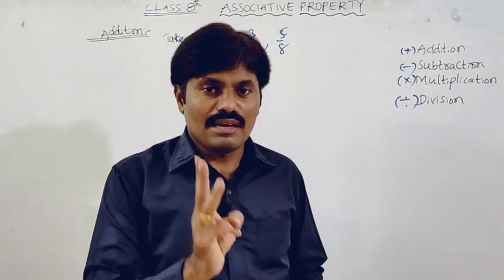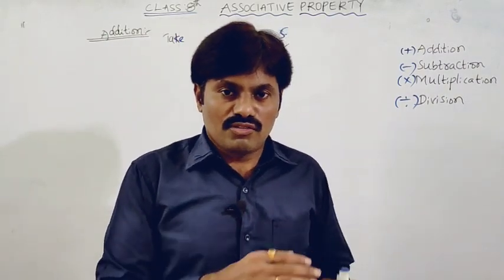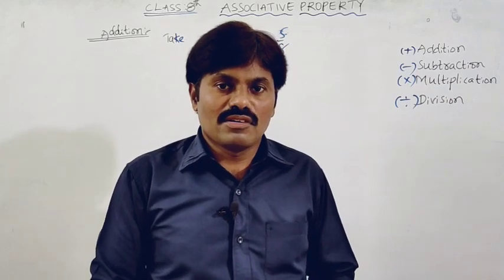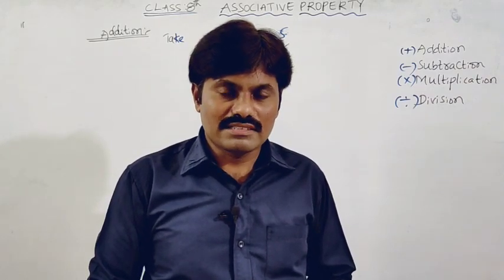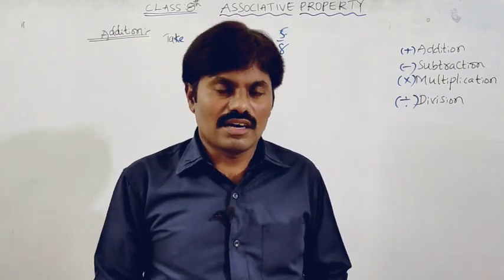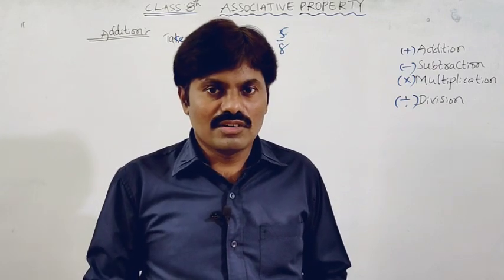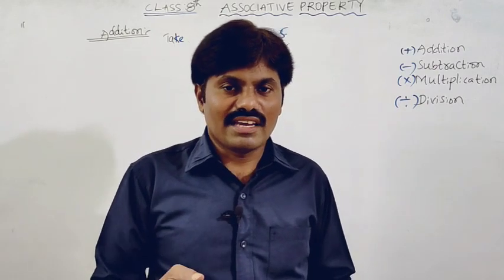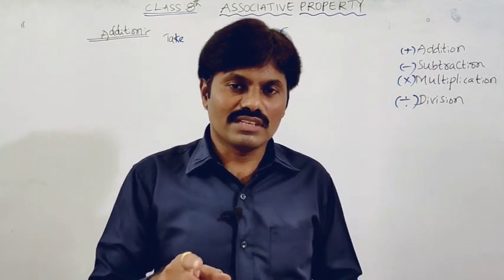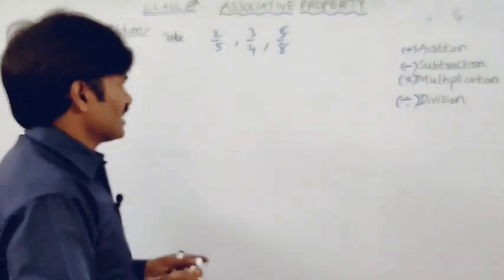If we want to add three numbers, we can add the first two numbers and add the result to the third number, or we can add the second and third numbers and add the first number to that result. In both cases the result is the same. That is the associative property of addition.